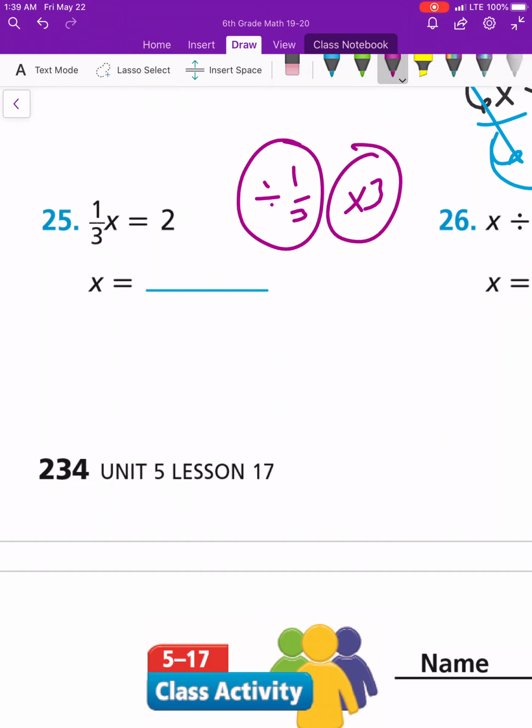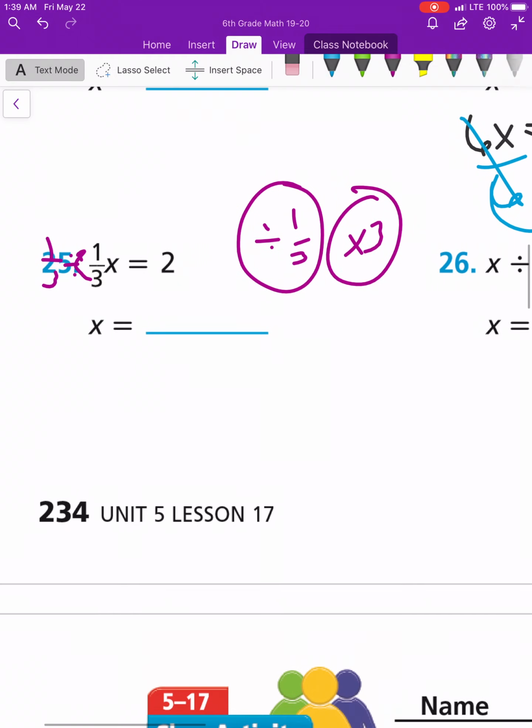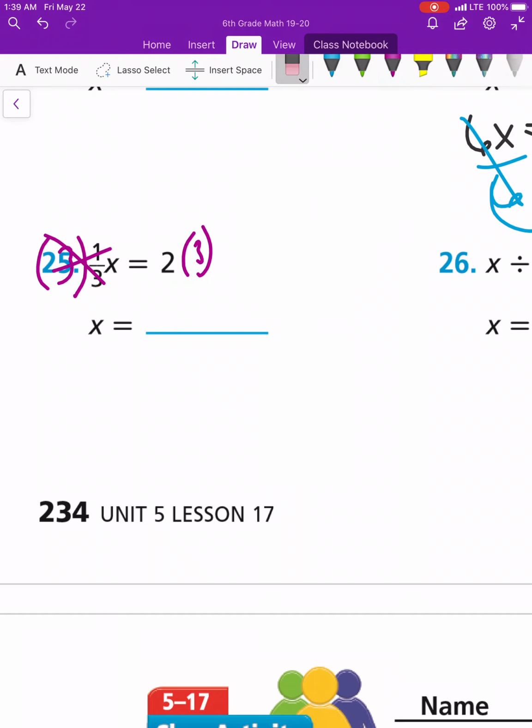If I multiply by 3, that's the same thing as if I divide this by 1/3, because then I just flip this to make it multiplication, right? Okay. Same thing. I'm just trying to get rid of this. So I just need to do the opposite. Times 3 gets x all by itself. Whatever I do to one side, I need to do to the other side.